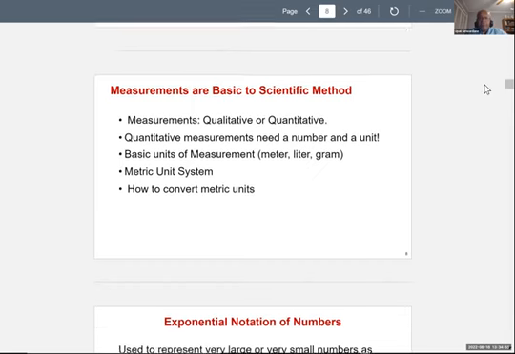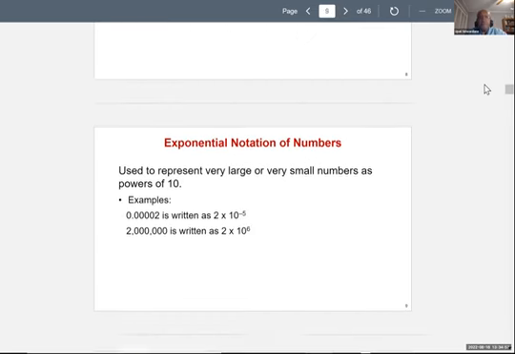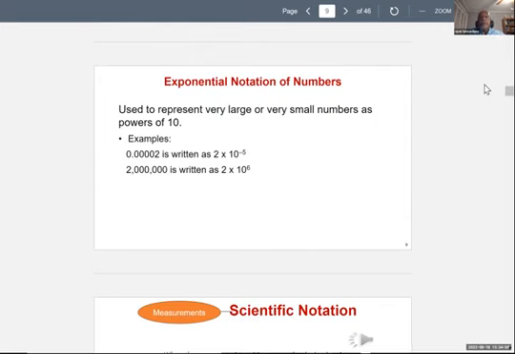We talked about that. An important part of the measurement is the number. The number is expressed in scientific notation to make it easier to deal with large numbers and small numbers.